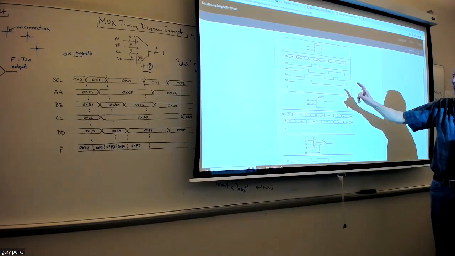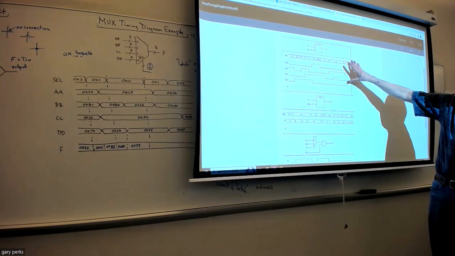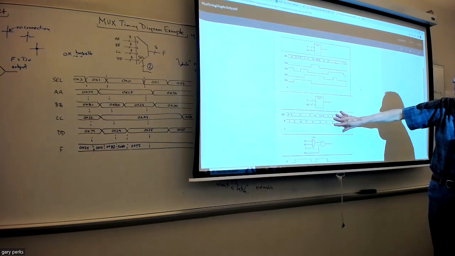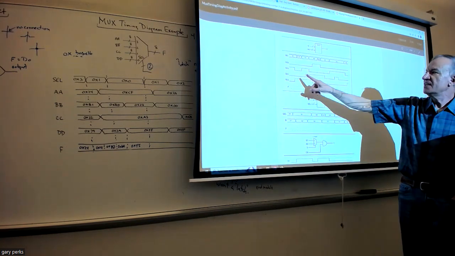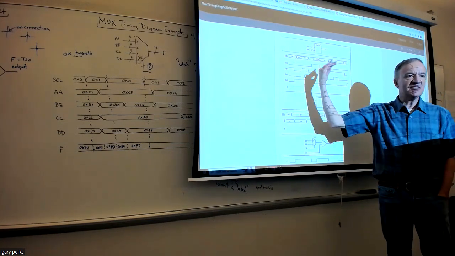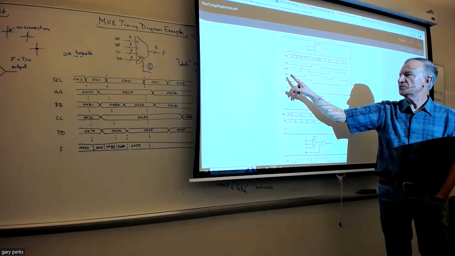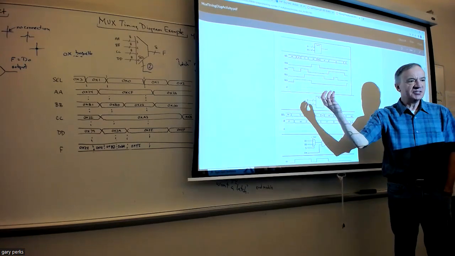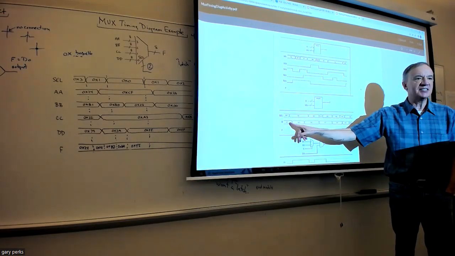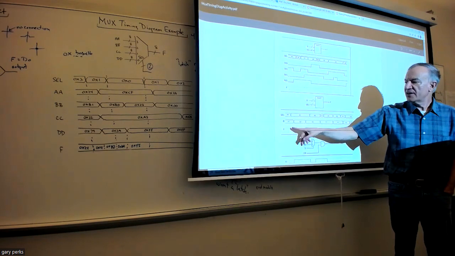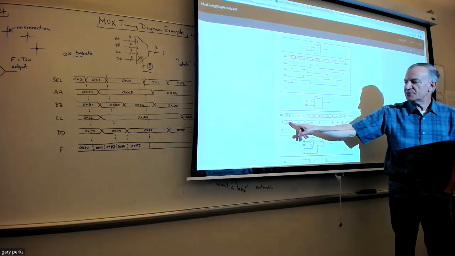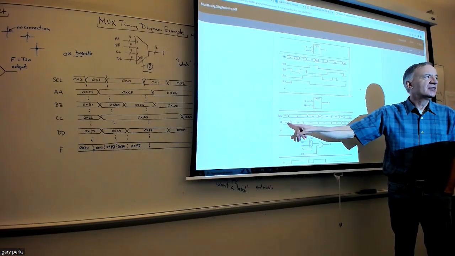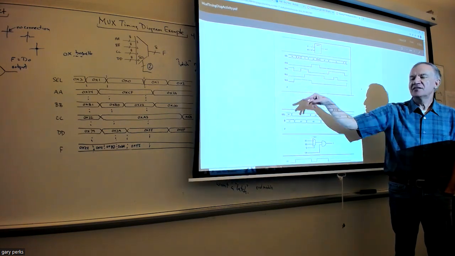The second one is the same idea. The only difference is that here the bits are given as single bits, 0, 1, 2, 3, while here the 4 bits are put together and expressed as a hexadecimal number. So if D is a hexadecimal 1, what does that mean about our 4 bits?